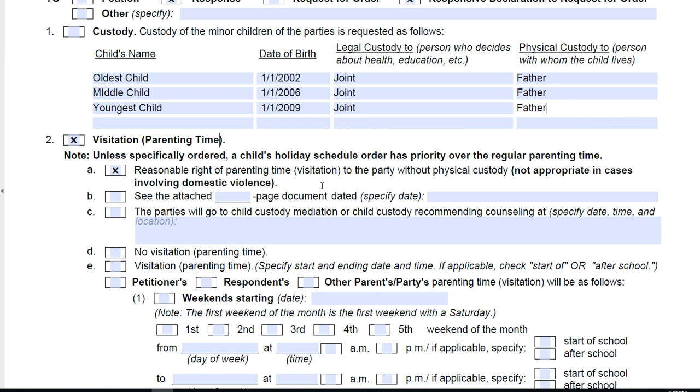Okay. So if we're not going to have reasonable, we have a choice to have your own attachment. If the two of you sit down and work out an agreement for visitation and custody, you can attach that visitation to this form and ask that the court make your agreement the order of the court.